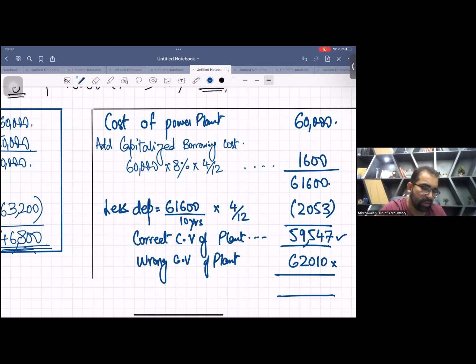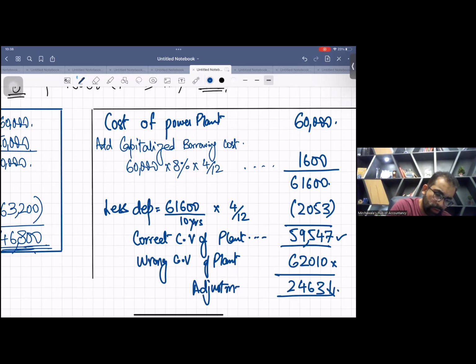How much is the difference? It's 2463. That's the adjustment.